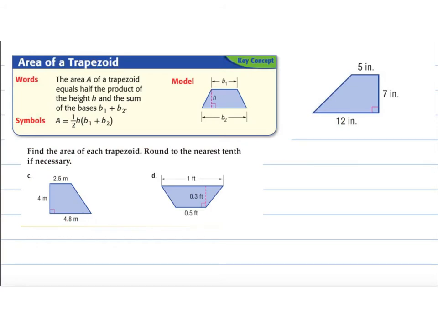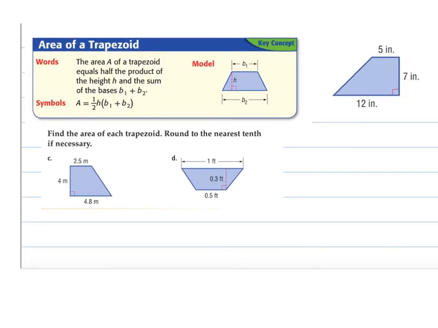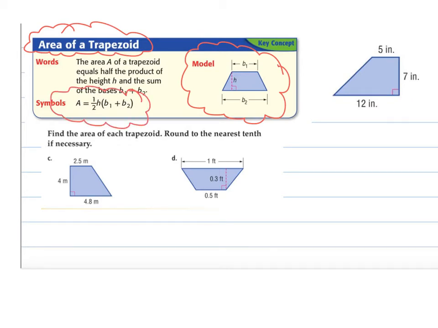All right, last shape that we're going to discuss in this video is trapezoids. So write down area of trapezoid. Show your model with all the labels. And then here is our formula, which is 1/2 times the height times the base 1 and the base 2.